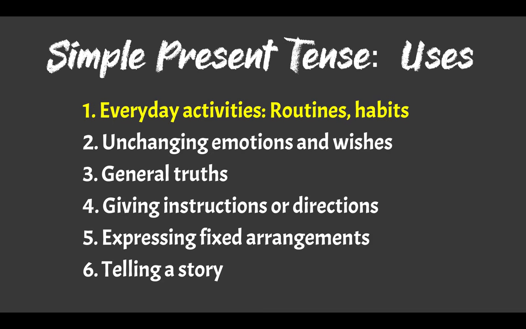Number 2, unchanging emotions and wishes. Number 3, general truths. Number 4, giving instructions or directions. Number 5, expressing fixed arrangements. And number 6, telling a story. Now I'm going to give you examples for each, so don't worry if you didn't understand that.